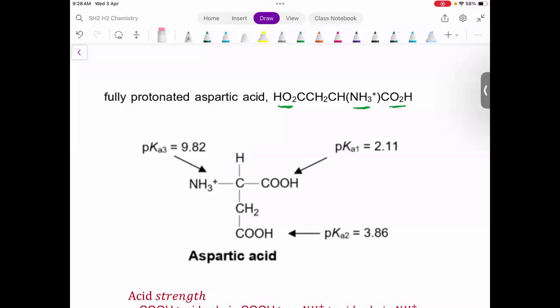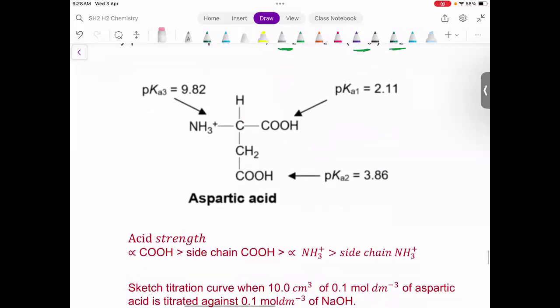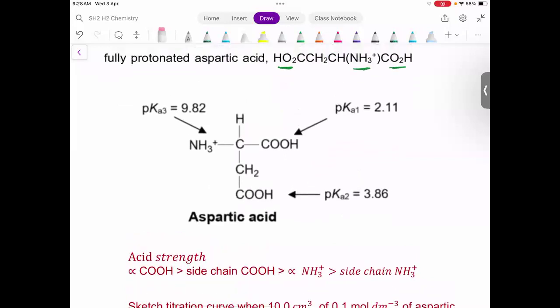In general, for fully protonated aspartic acid, you have to remember this trend for acid strength. This is the alpha carbon. Have you learned this in bio? The alpha carbon is the carbon directly bonded to the amino group as well as the carboxylic acid group.